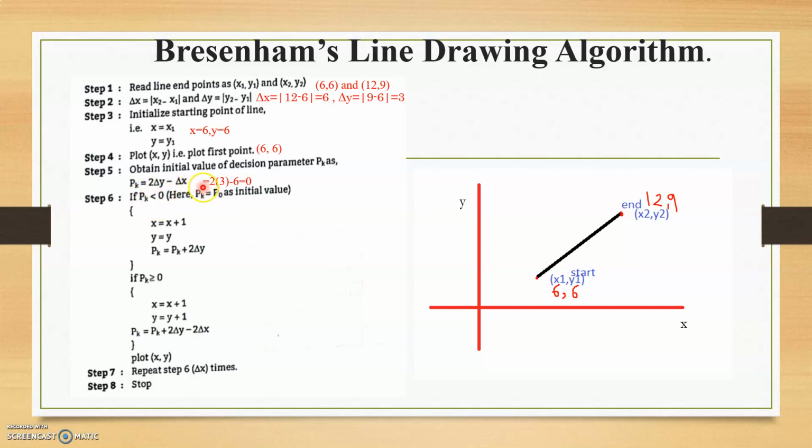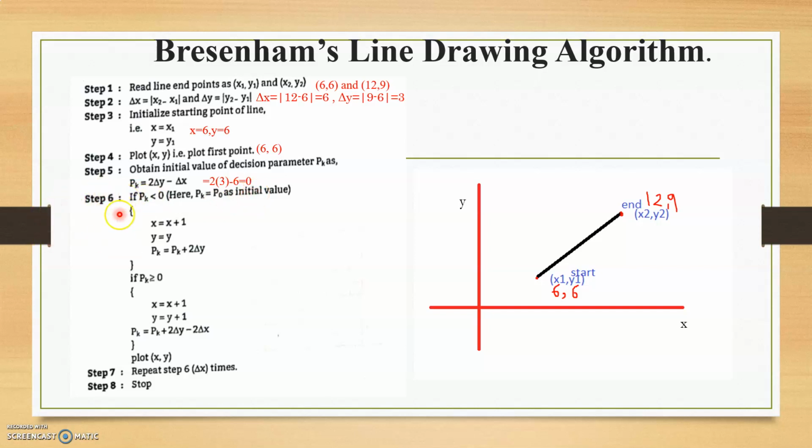So pk equals 2 into delta y, where delta y is 3, so 2 into 3 minus delta x, where delta x is 6. Here 6 minus 6 equals 0. So the value of pk is 0.